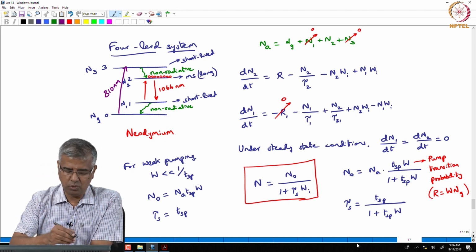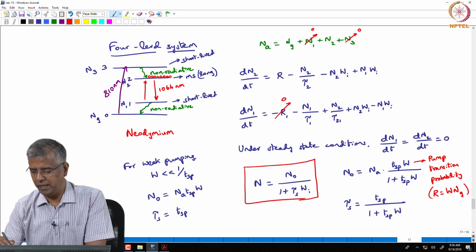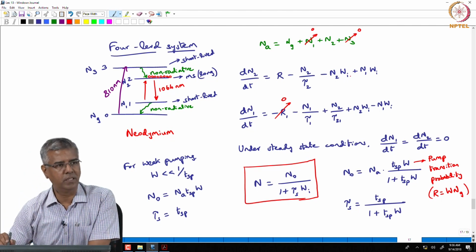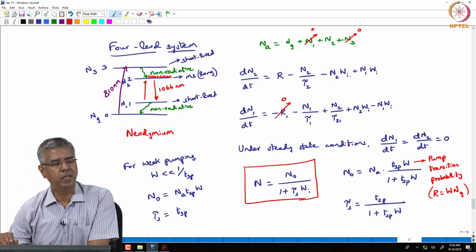So we used the same rates Wi when we were looking at stimulated absorption and stimulated emission.